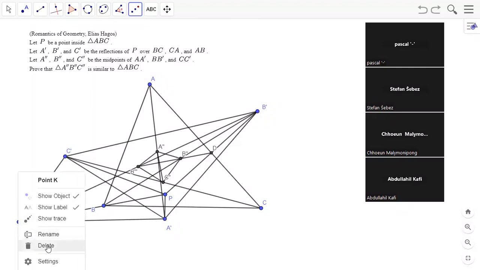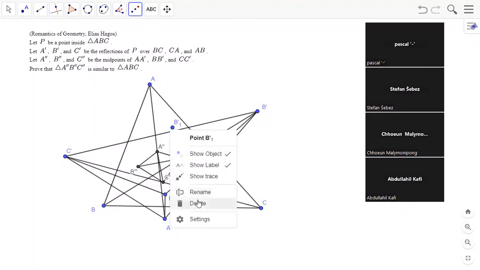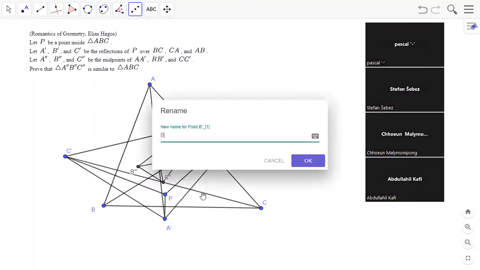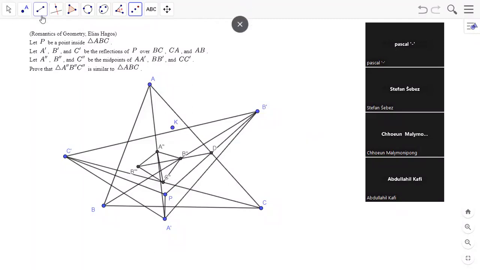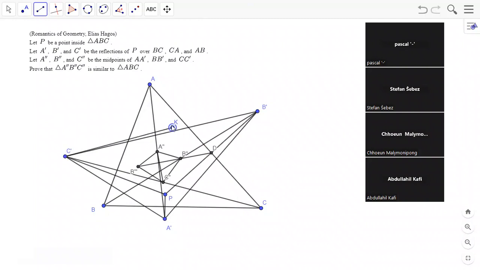So this K has to go. I needed to do this instead. Interesting, it's my bad. So this should be similar to ABC. Yeah, that looks much better.